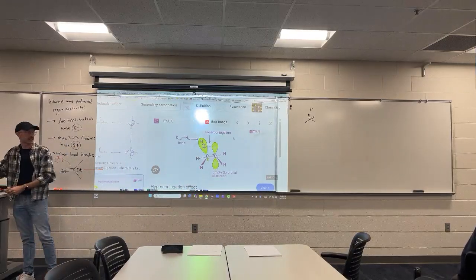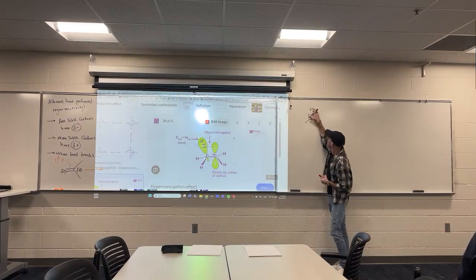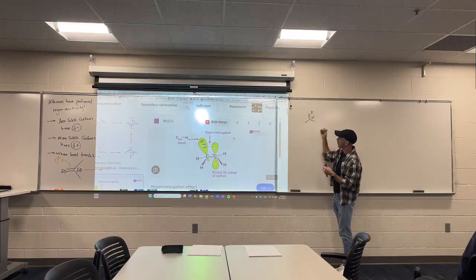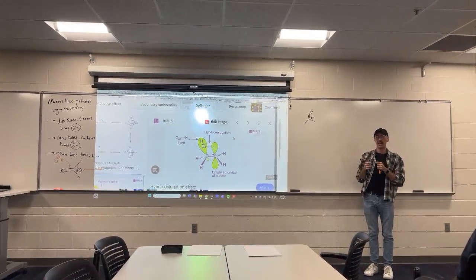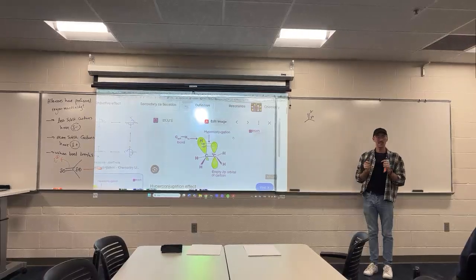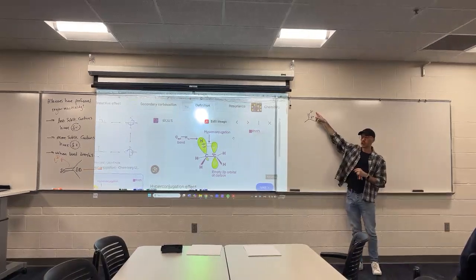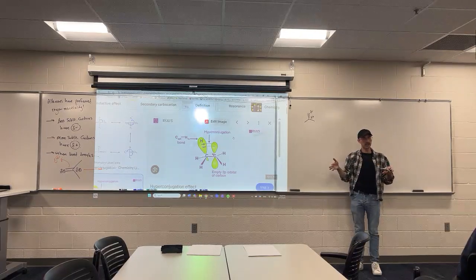Let's review what we just discussed. If I look at an alkene that is not equally substituted, this would be an unsymmetric alkene. I can predict regioreactivity, a partial negative and a partial positive. Typically, we're not allowed to assign partial charges unless there's a difference in electronegativity.